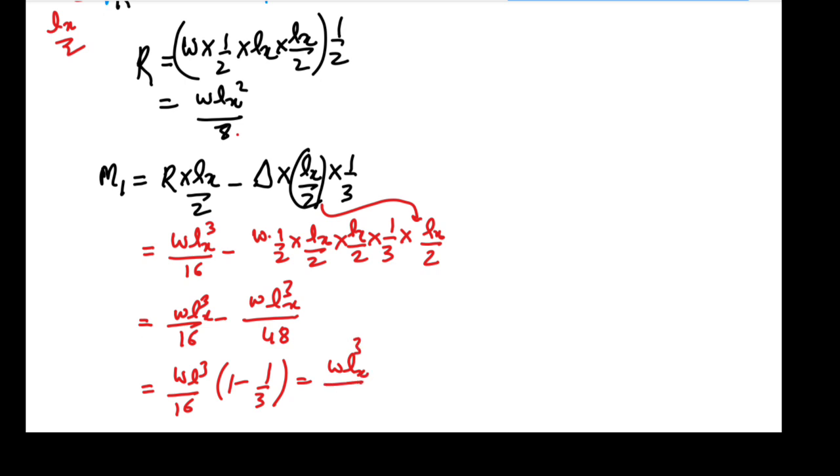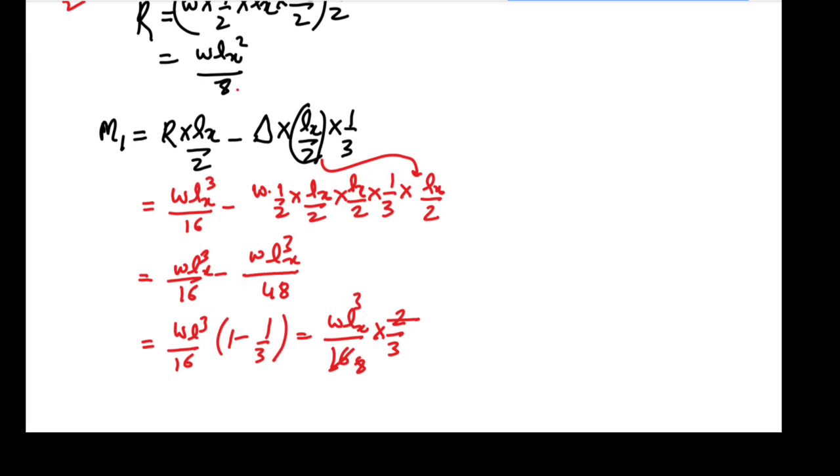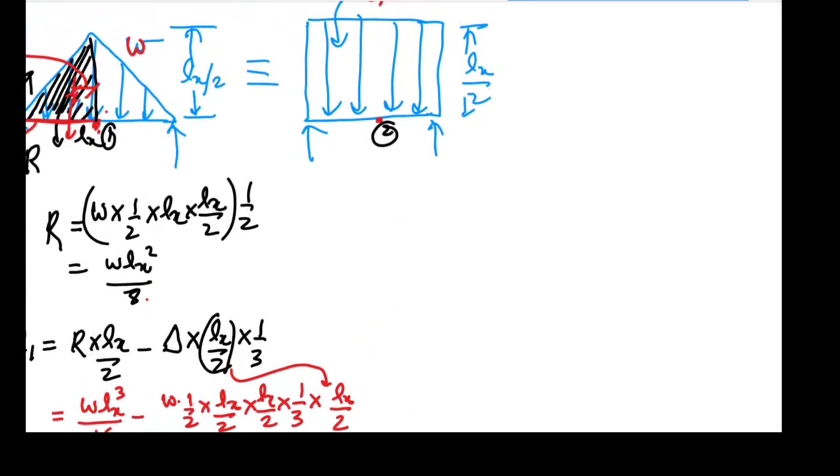Lx cube by 16 into 2 by 3. Okay, so what is this value? This is W Lx cube by, we can actually write 8 into 1 by 3. Okay, we are not multiplying this just for the time being. Okay, now let's come here.